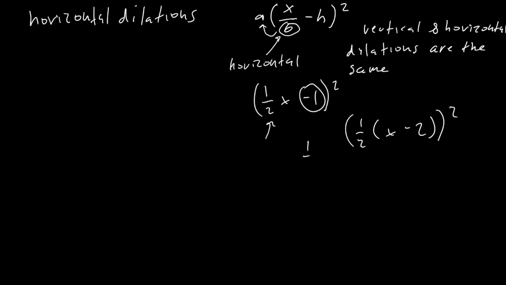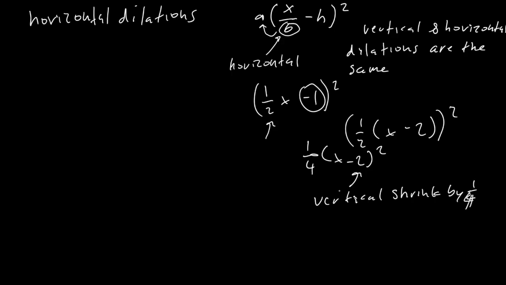So then you do 1/4 times (x minus 2) squared. So you actually move by 2 to the right. And there's a vertical shrink by 1/4.